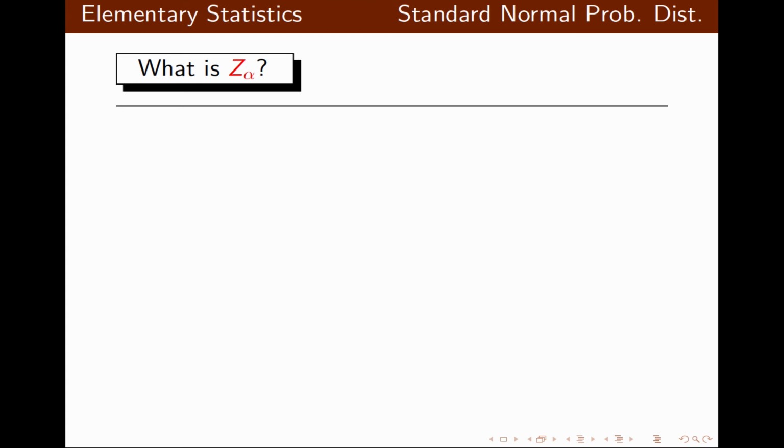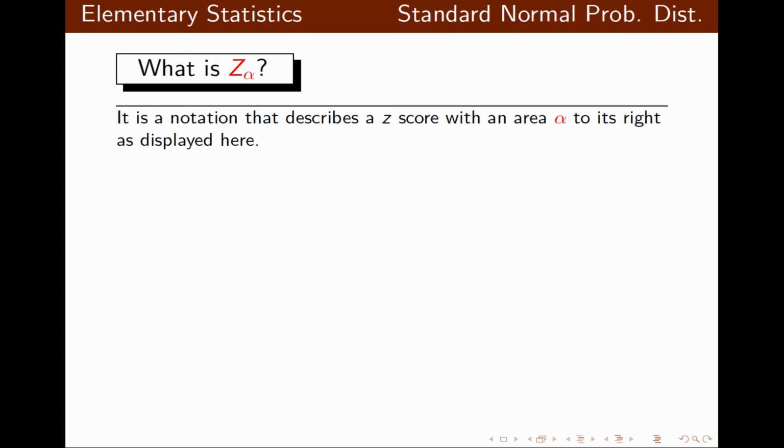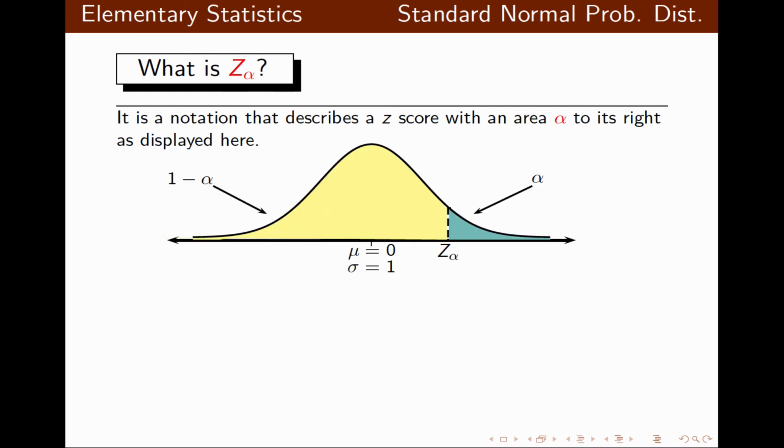Now, what is z alpha? It's a notation that describes the z-score with an area alpha to its right, as displayed here. So the area to the right of z alpha is alpha, and the area to the left of it will be 1 minus alpha. Now alpha is a numerical value between 0 and 1.